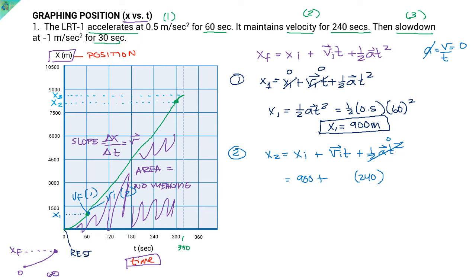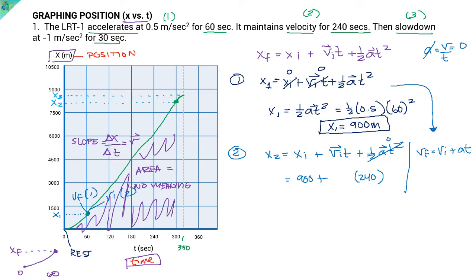If we're going to look at our situation here, the final velocity, kung gaano kabilis natapos yung x1, that is also the starting point of the velocity of our situation 2. Which means that if we're going to get our formula on the equations of kinematics, that's Vf is equal to Vi plus At, we can actually use this formula to search for the final velocity of situation 1.